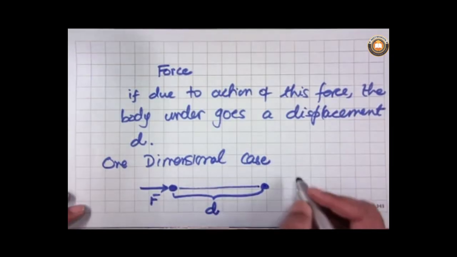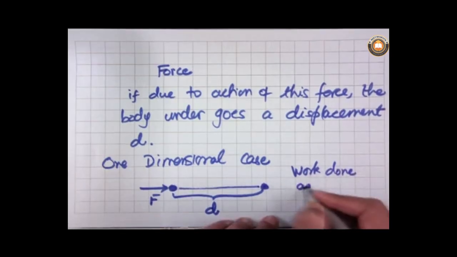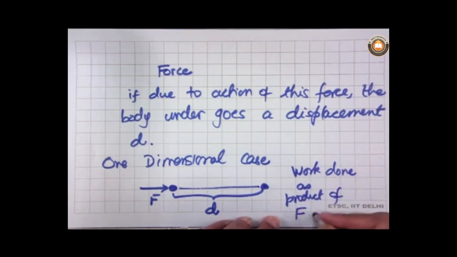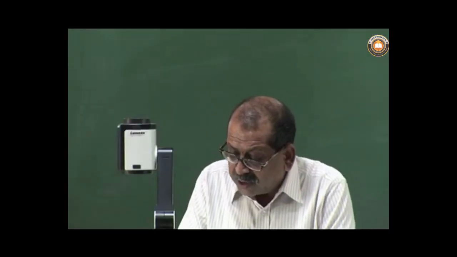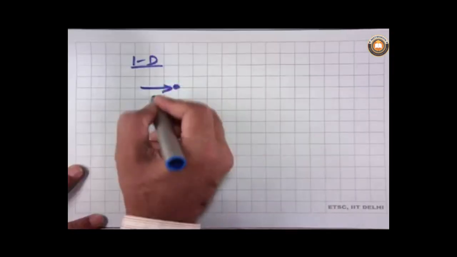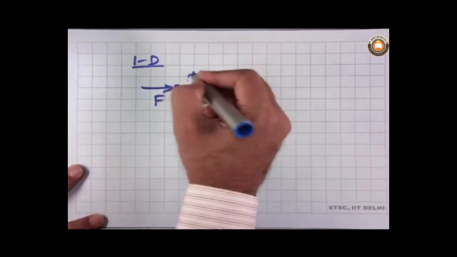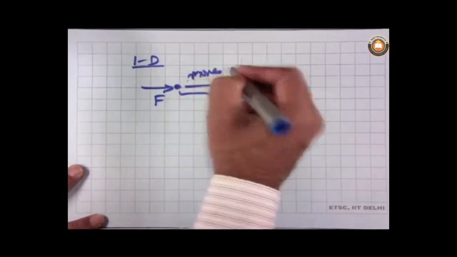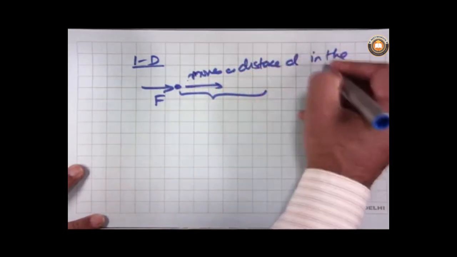We define the work done as the product of the force and the displacement d. So, we are talking of a 1D case, so the force is in this direction, and because of this the particle moves a distance d in the same direction.